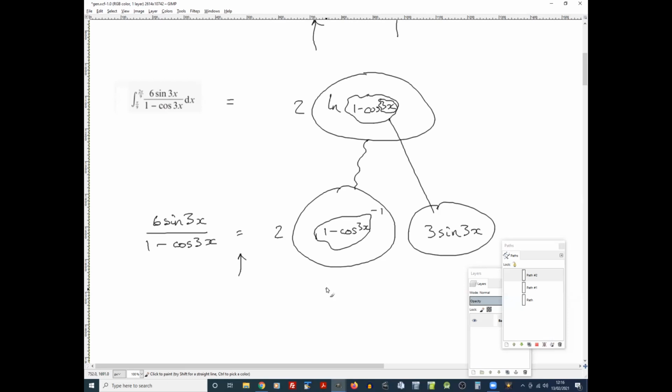See what I mean? So it becomes 6 sine 3x over 1 minus cos 3x. When you simplify the bottom, you have got precisely this, haven't you? The power of -1 is putting that underneath. 2 times 3 is 6. It's all good.